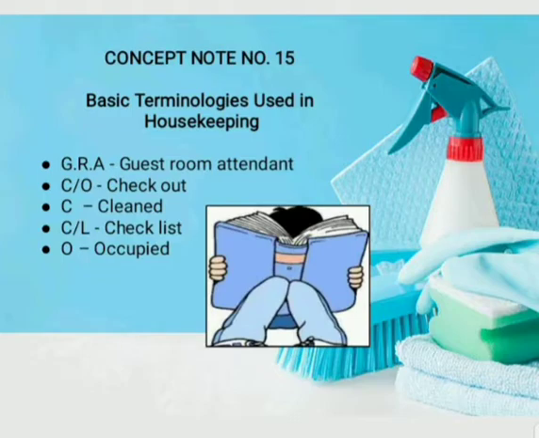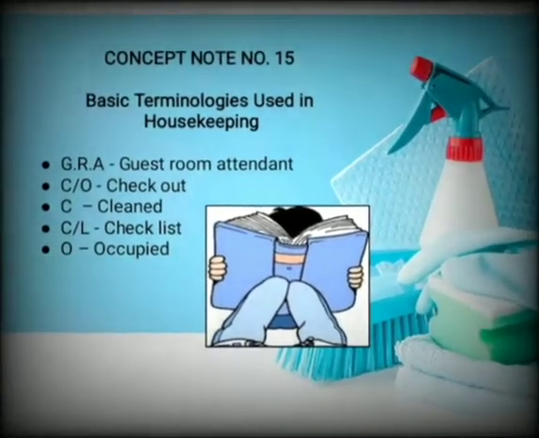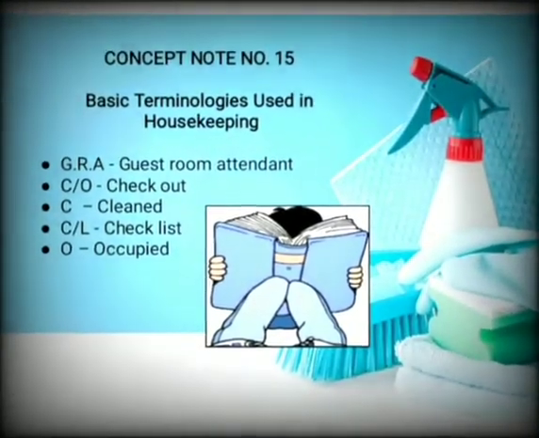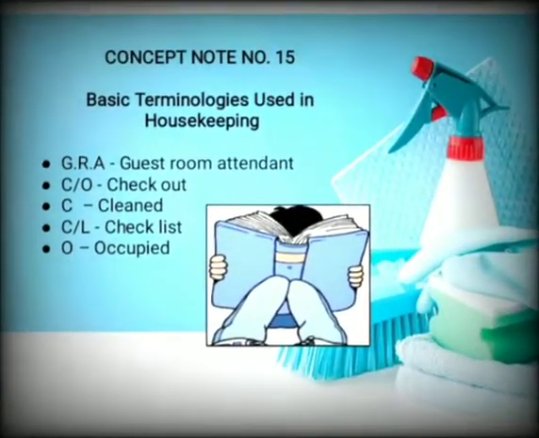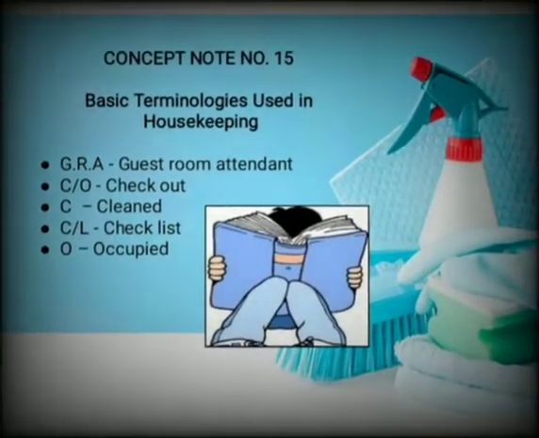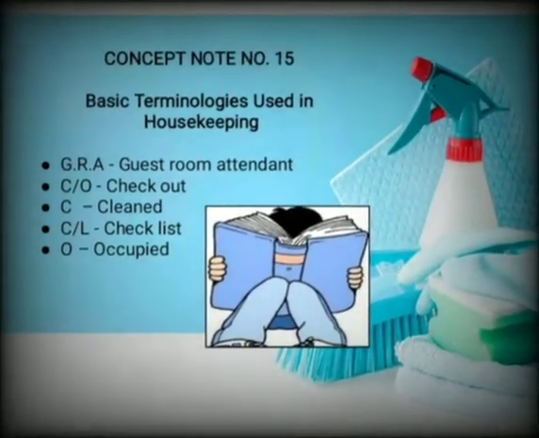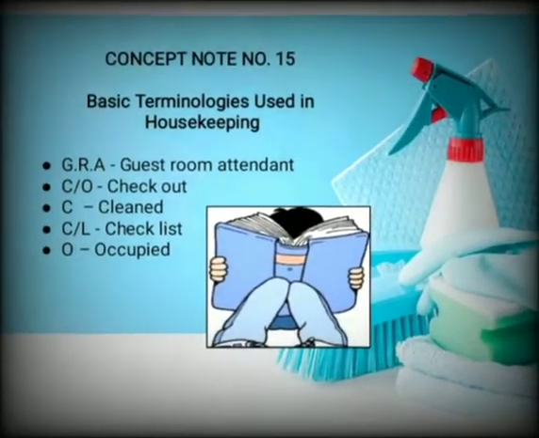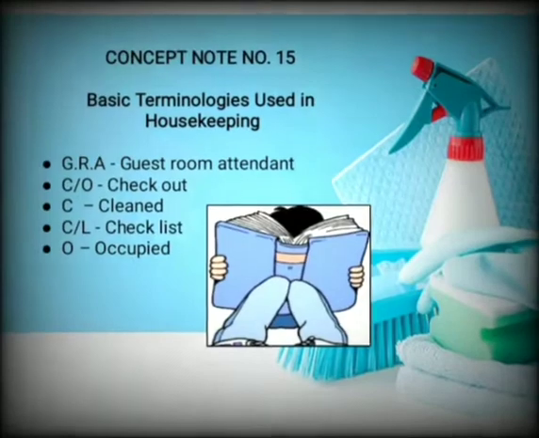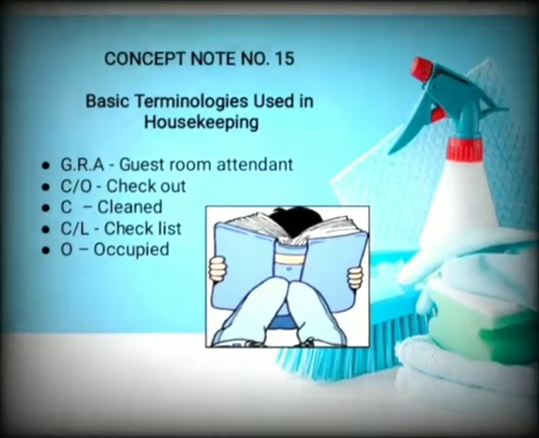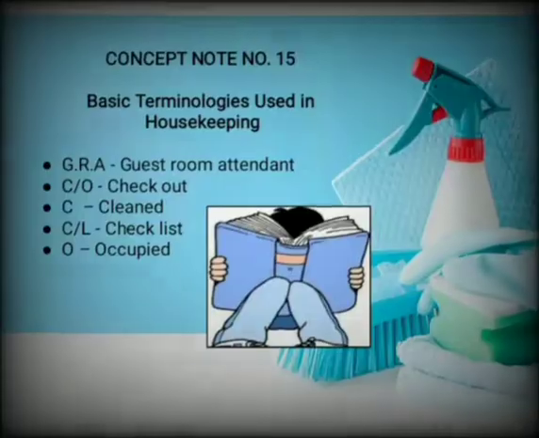Check out is when guests leave the establishment. Clean stands for the work usually done by housekeepers. Checklist is the data of the clients and other bookings of the guests inside the establishment. Occupied is when the guest or client occupies the different rooms inside the establishment.